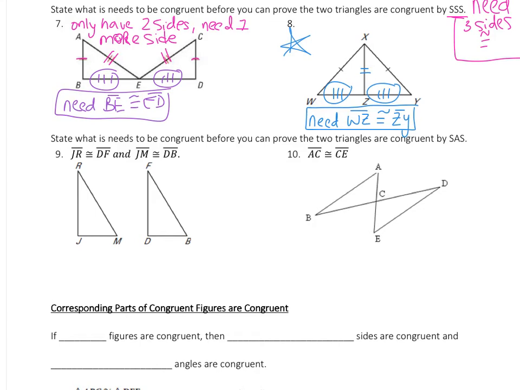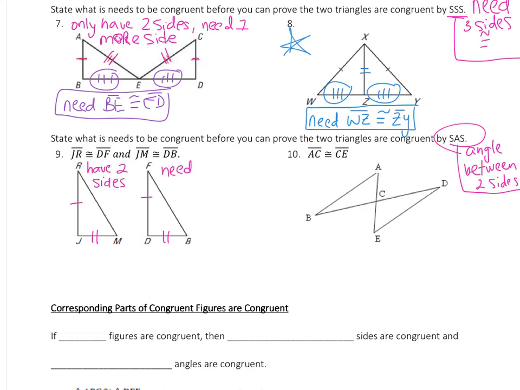Number 9 and 10, it's the same idea, except we want to prove that they are congruent by side, angle, side. And for side, angle, side, we need 2 sides and the angle between the 2 sides. We need to draw the information that is given in number 9. So JR is congruent to DF, and JM is congruent to DB.